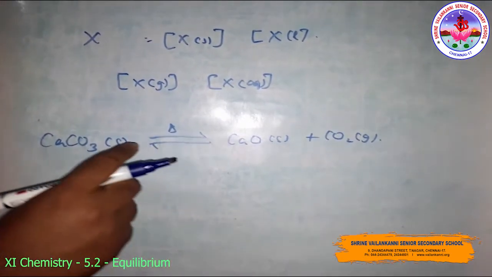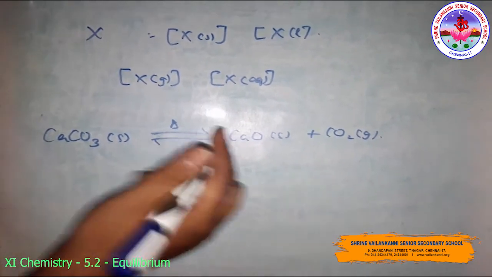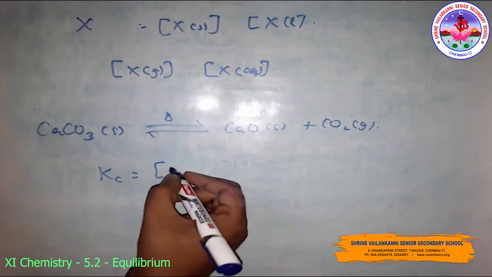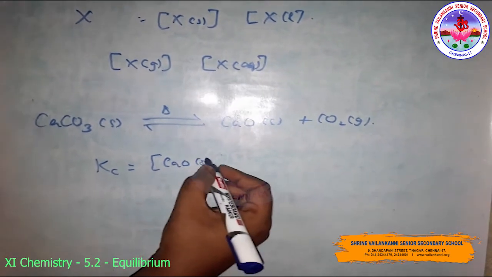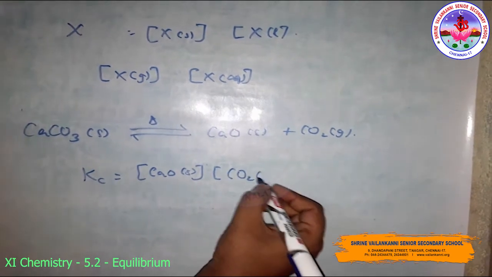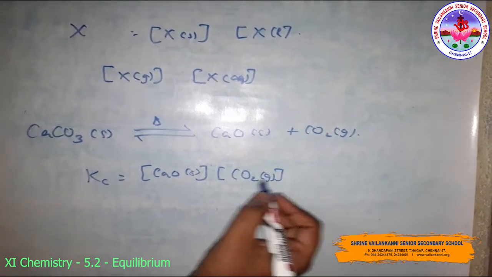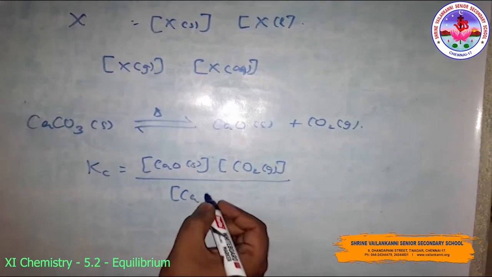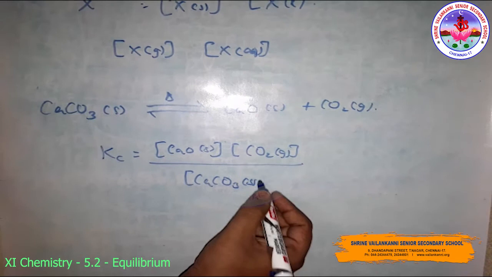Here on the basis of the stoichiometric equation we can write Kc is equal to concentration of calcium oxide solid and concentration of the carbon dioxide gas divided by the concentration of the calcium carbonate solid.